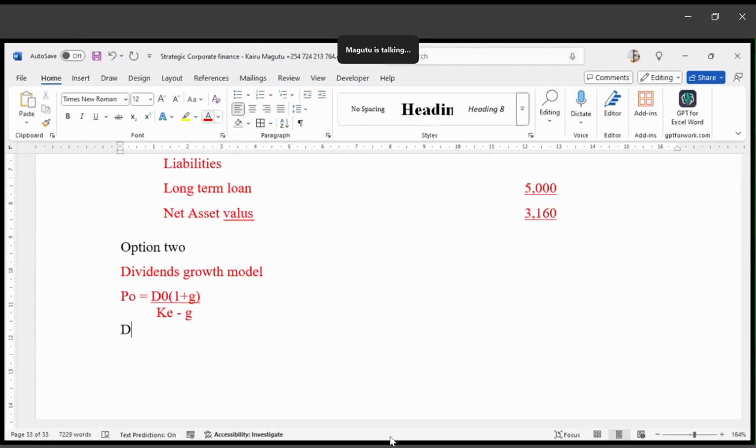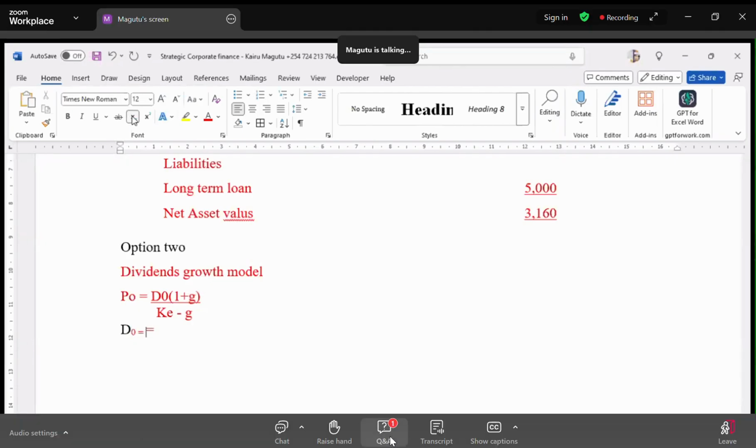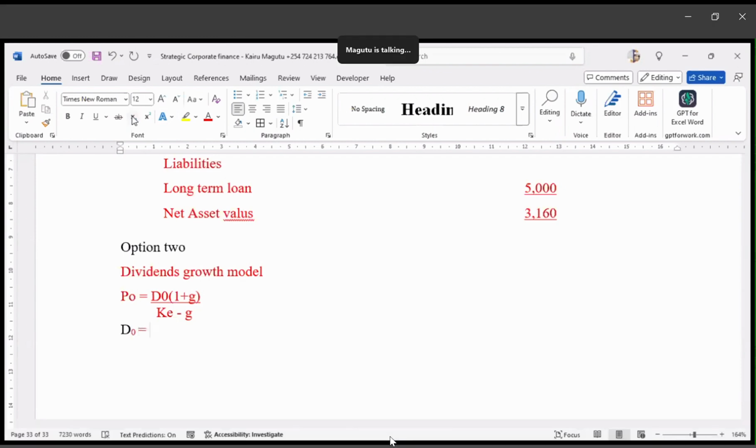D naught is equal to the dividends per share for the year just ended.